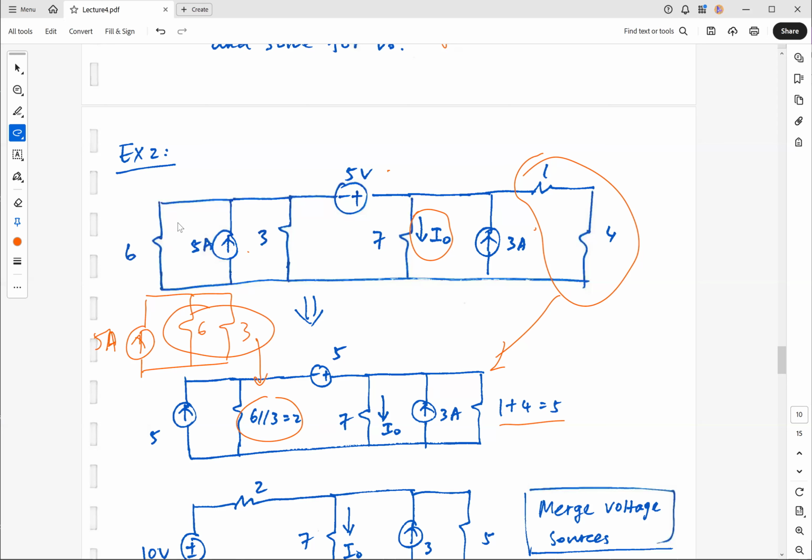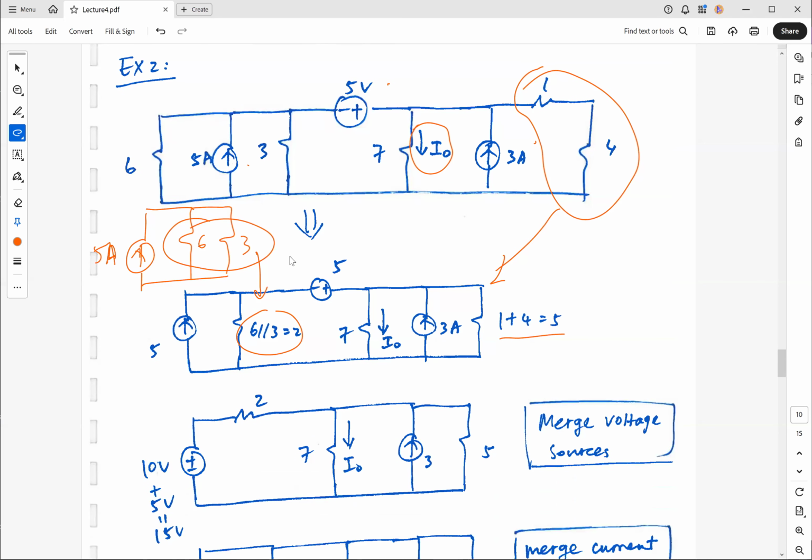I spotted something really obvious, so I can do that first before I carry on. So then the next step is that I wanted to start performing source transformation now. What I'm going to do here is transform these two.